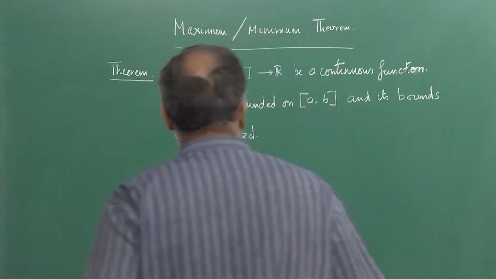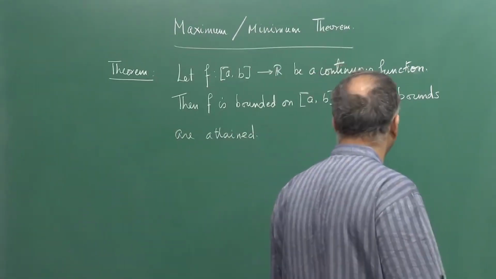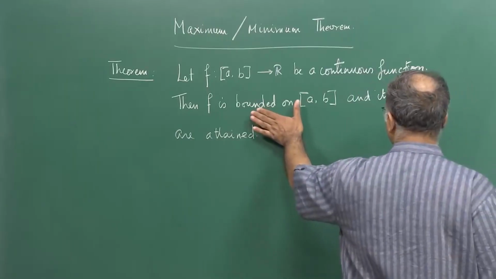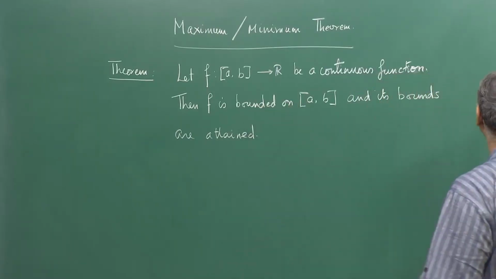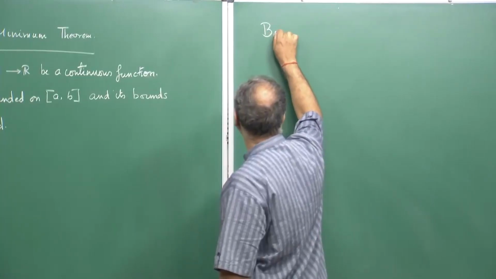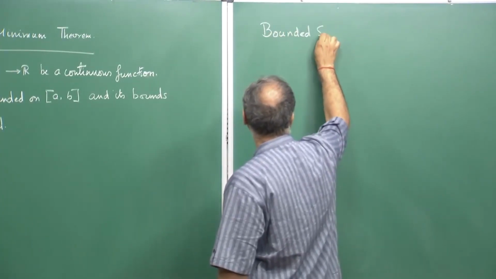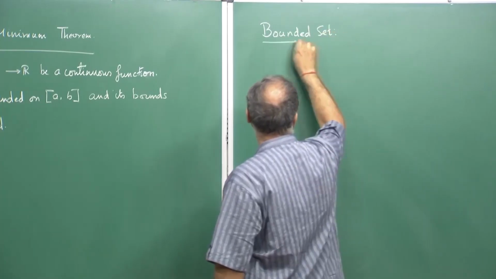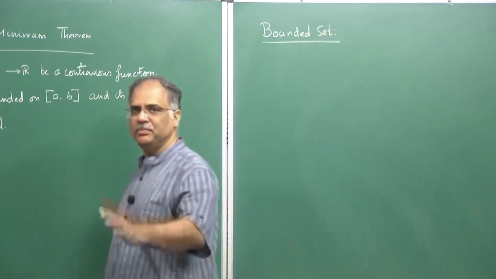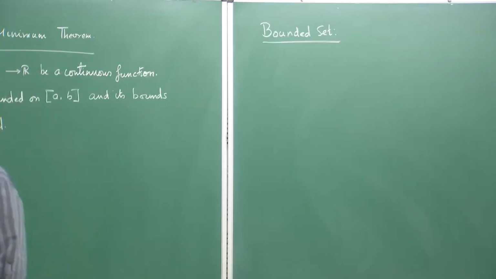So, first we have to talk about what is the meaning of this term bounded. We will first discuss what is a bounded set. This is the first step to understanding this result.